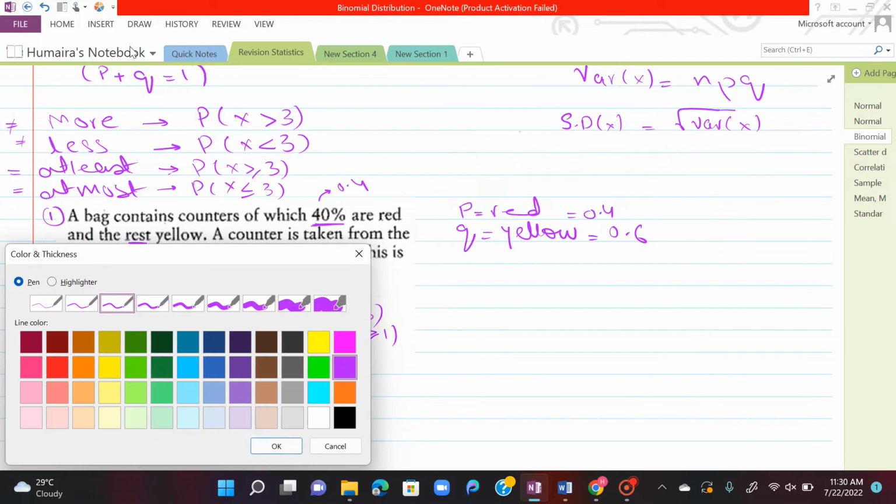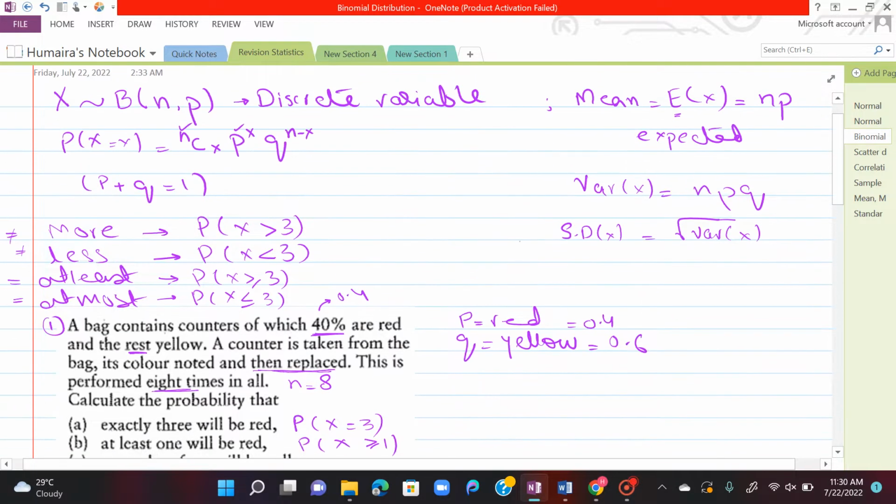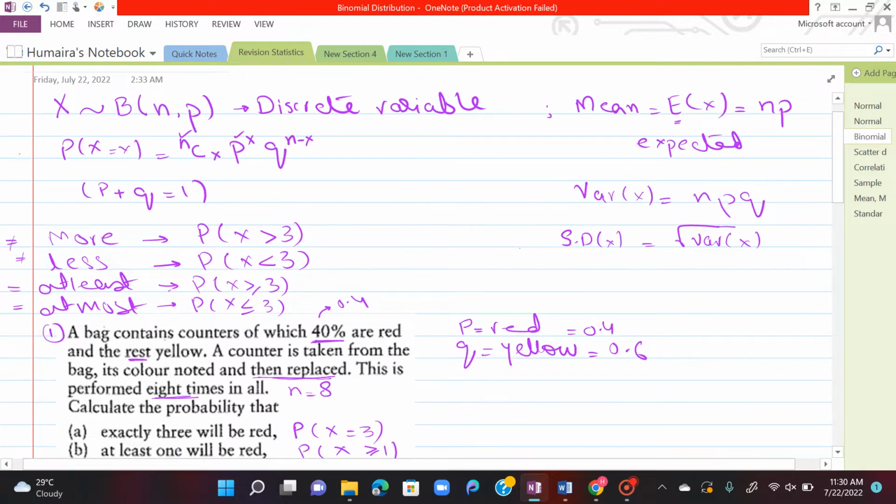So I begin with the first part, that exactly 3 will be red. We have just gone through the formula that the discrete distribution is defined as this formula, right? I will use this one over here. So exactly 3 red turns to nCx.